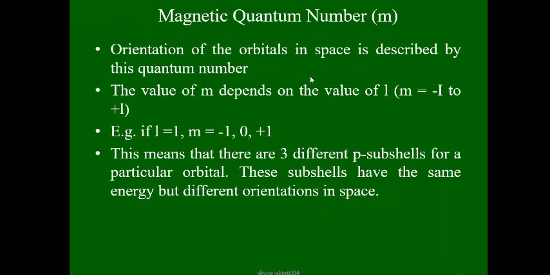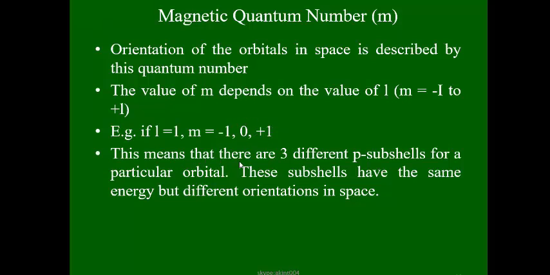So let's go to magnetic quantum number. The orientation of the orbitals in space is described by this quantum number, and the values depend on the value of L. So m is from minus L to plus L. That means if L is equal to 1, m can be minus 1, 0, and plus 1. If L is equal to 2, m can be minus 2, minus 1, 0, plus 1, and plus 2.